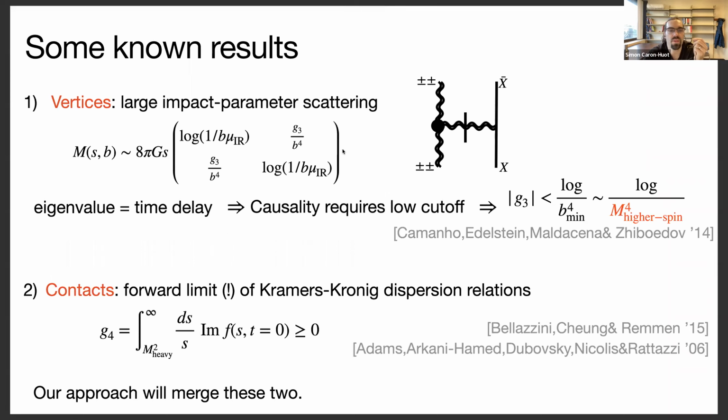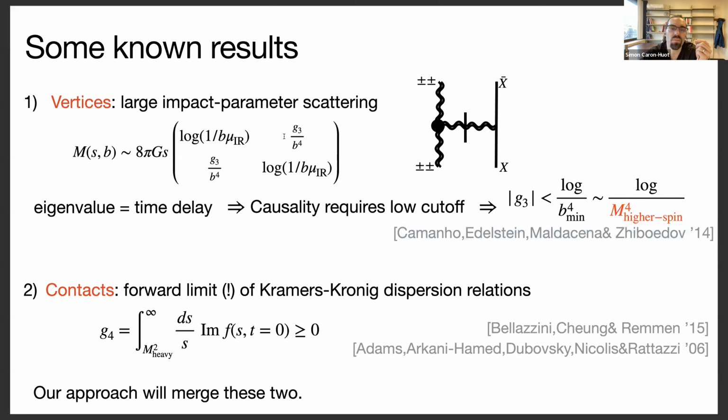This matrix actually appeared in Brando's talk. So one argument for bounding this derivative correction, it was observed by these people called CEMZ, that if you put a derivative correction at the vertex and ask whether graviton scattering against some object has a time delay or time advance, well, this question is really answered by an amplitude that's a 2x2 matrix, and the eigenvalues of that matrix give a time delay.